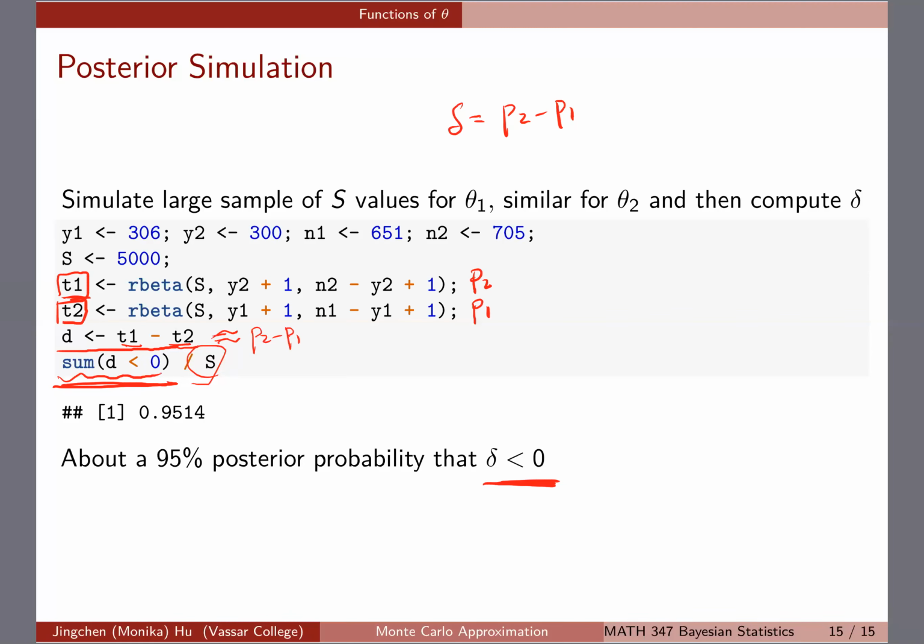Yeah. So in fact, if you've taken other stats courses in the past, comparing two proportions and comparing two means are pretty typical tasks. So in the frequentist method, you have to derive, or you're given, the distribution of the difference.